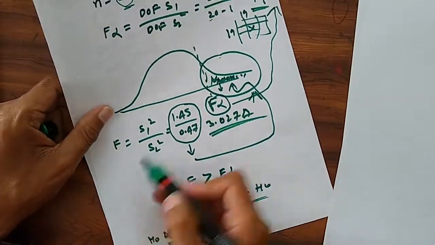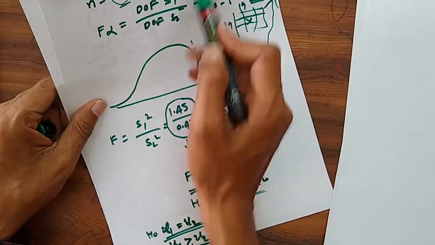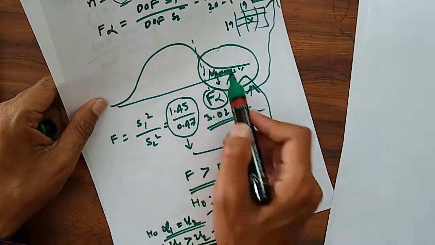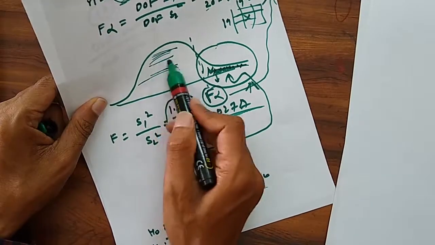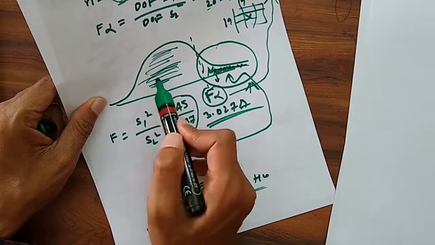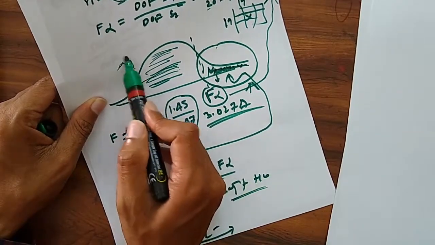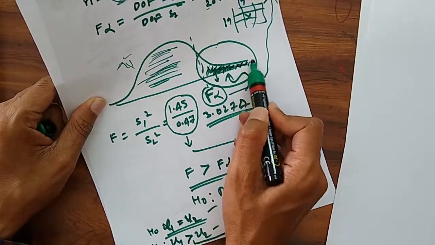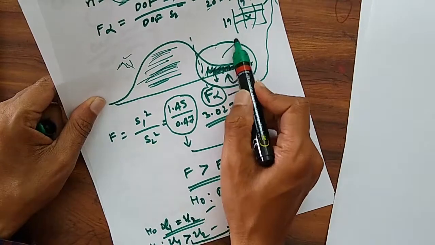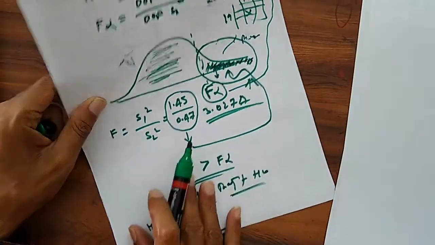Once you know F alpha, then we need to see whether our sample data falls in this area or in this area. If we get a value in this area, that means we fail to reject our null hypothesis. If the value comes under this extreme area, that means we reject our null hypothesis.